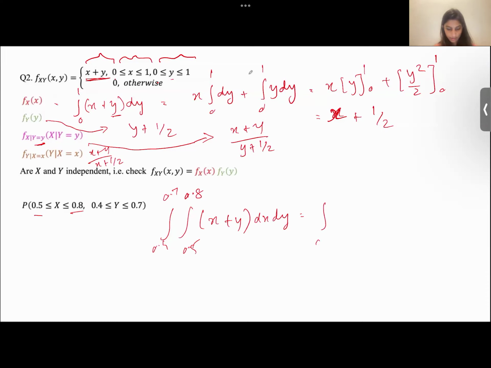So you'll have 0.4 to 0.7, your inner thing can be written as 0.5 to 0.8 x dx plus, and because you're doing it in terms of x, y becomes a constant, 0.5 to 0.8 dx dy.